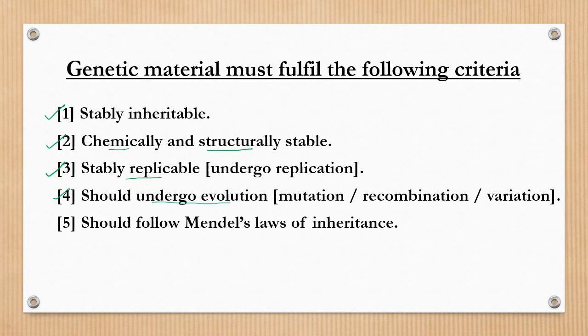The genetic material should undergo evolution by mutation, recombination or variation. And the last criteria, it should follow Mendel's law of inheritance. Then only it is considered as the genetic material. So whatever you are considering as the genetic material, it should have these criteria.